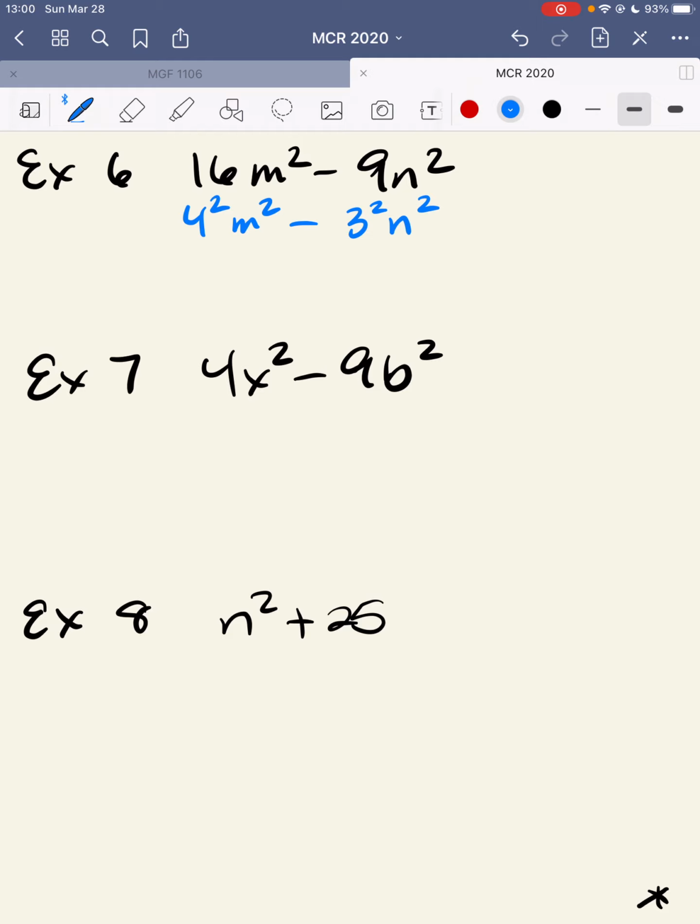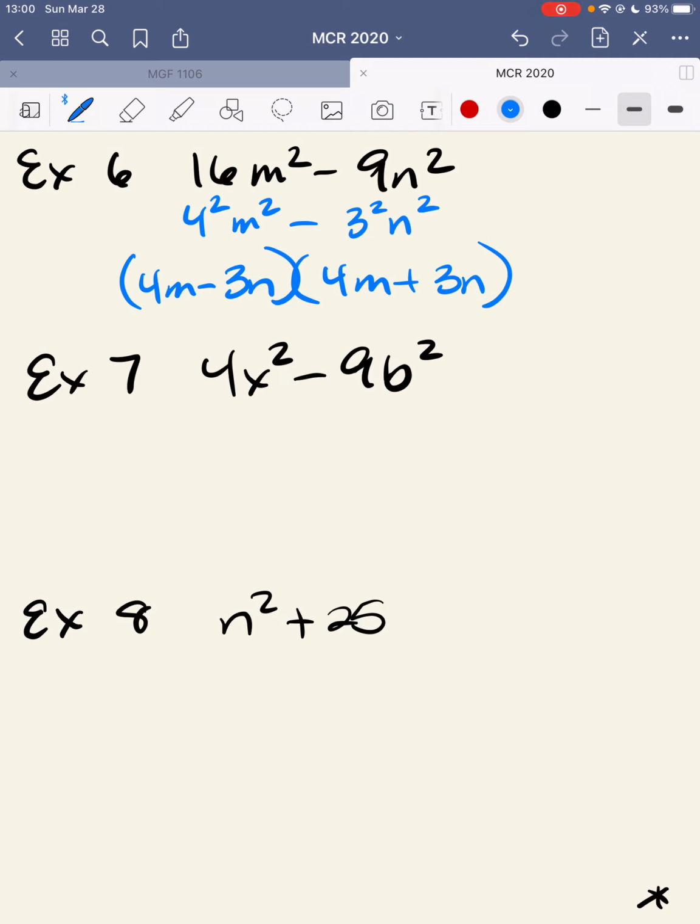It's n squared. Perfect. So this is going to go ahead and factor into 4m minus 3n, 4m plus 3n. Okay, so you're using your bases as a way to go ahead and factor this out.